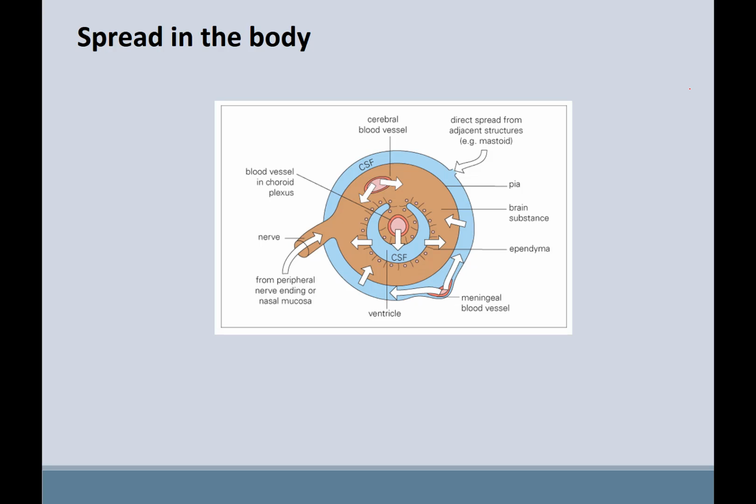Some pathogens are what we call neurotropic.